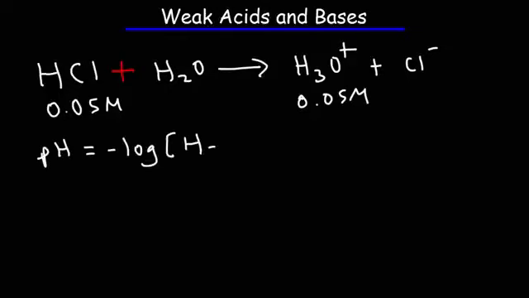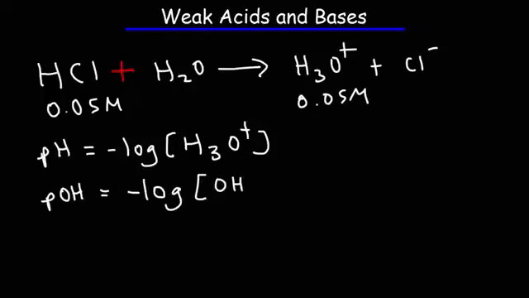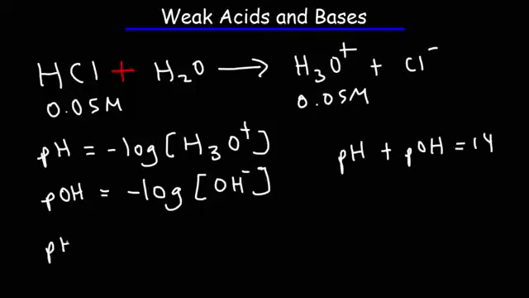The pH is equal to negative log of H3O+. And if you need to calculate the pOH, let's say of a strong base solution, you could use negative log OH-. And remember, the pH plus the pOH adds up to 14 at 25 degrees Celsius.